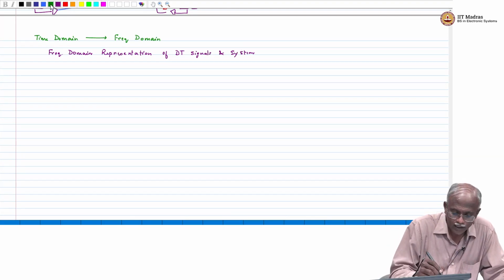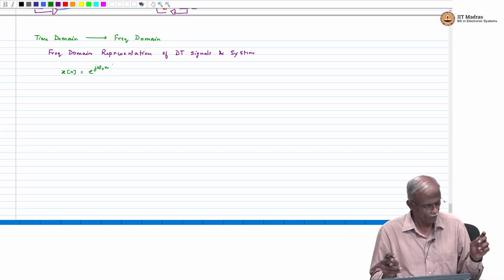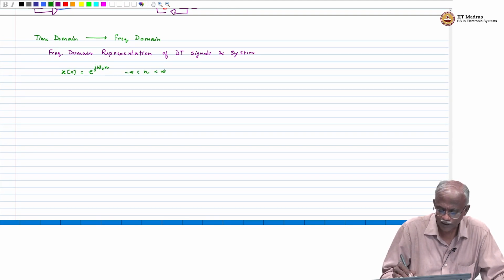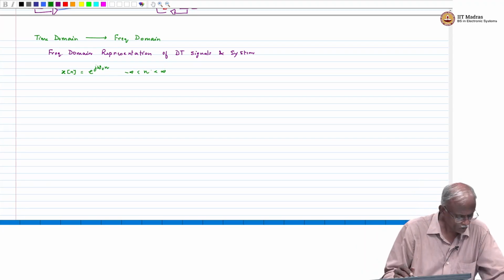Look at the input signal, which is given by x of n equal to e power j omega naught n. Okay? n goes from minus infinity to infinity. Basically, this is a periodic signal going from minus infinity to infinity.